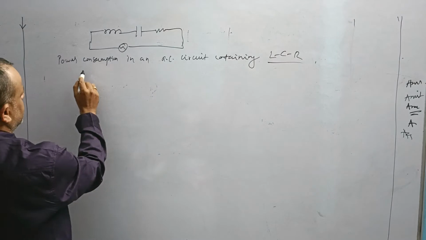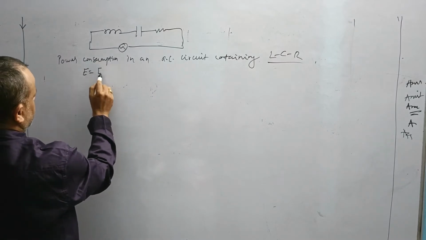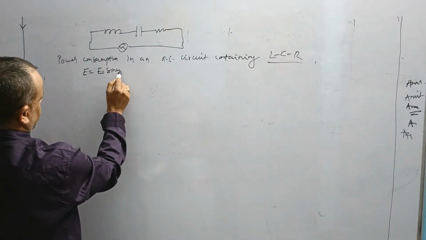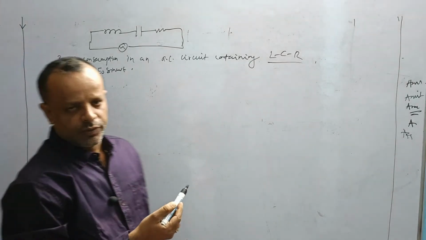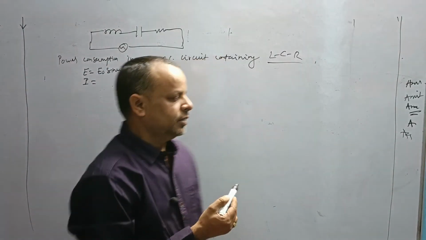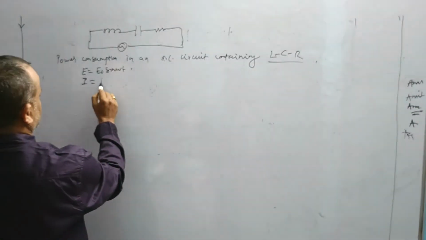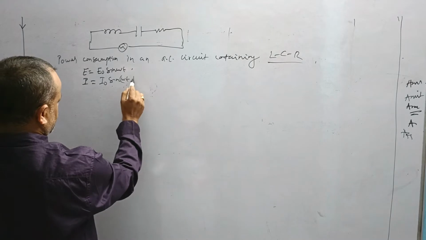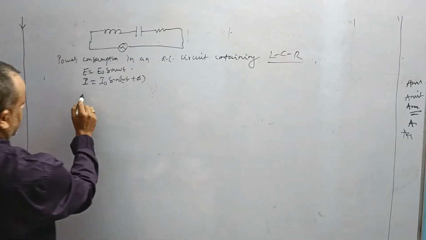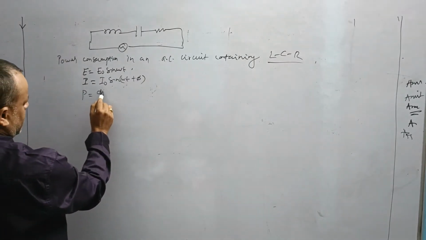In this case, let us suppose E is equivalent to E naught sin omega t. And let us suppose the phase relation between current and EMF is phi. Again, we'll move on to power consumption.